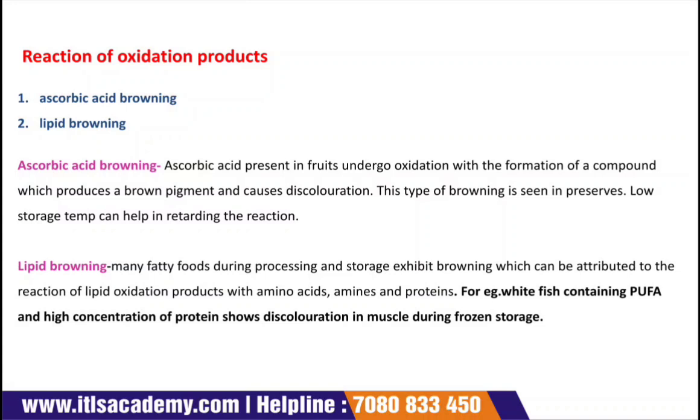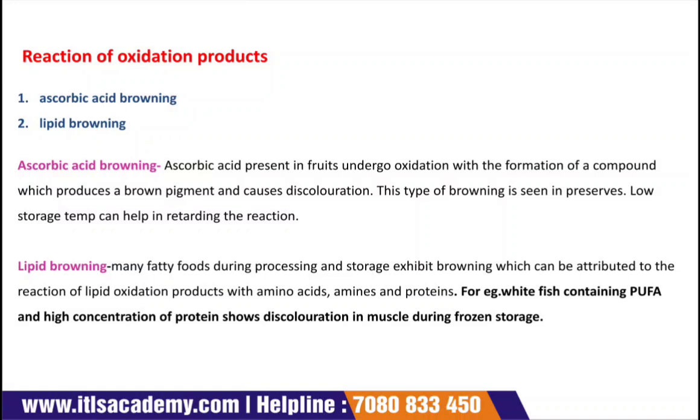What do you understand by lipid browning? Many fatty foods, that have a good amount of fat in themselves, during processing and storage exhibit a browning effect which can be attributed to the reaction of lipid oxidation products with amino acids, amines and proteins.